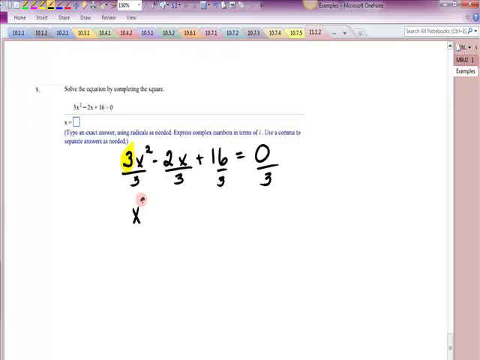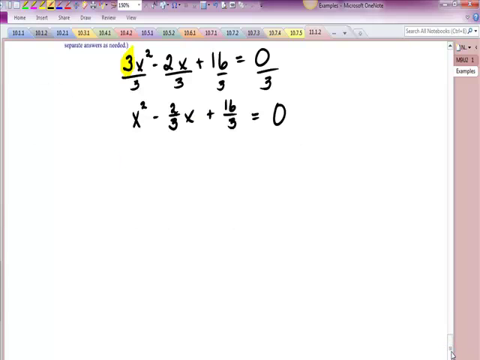That gives me x squared minus 2/3 x plus 16/3 is equal to still a 0. Now I want to get it in the right format. I'm going to keep my x squared, my minus 2/3 x plus a blank is equal to, when the 16/3 goes to the other side, it will be negative 16/3 plus the blank.